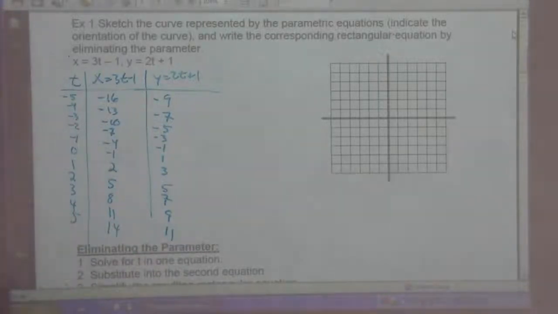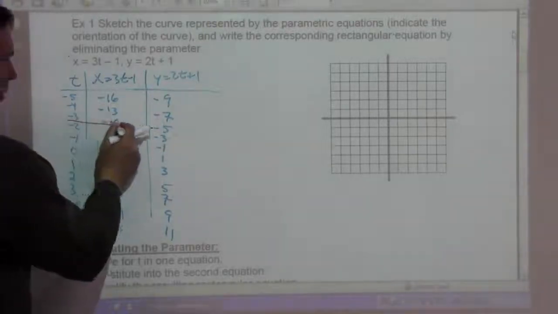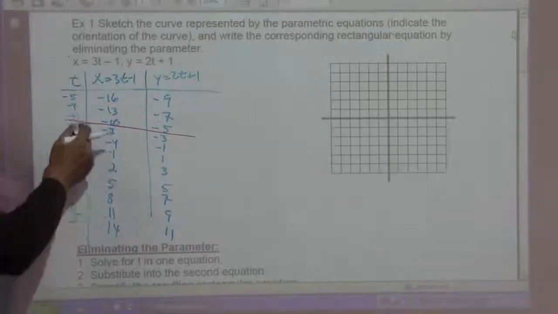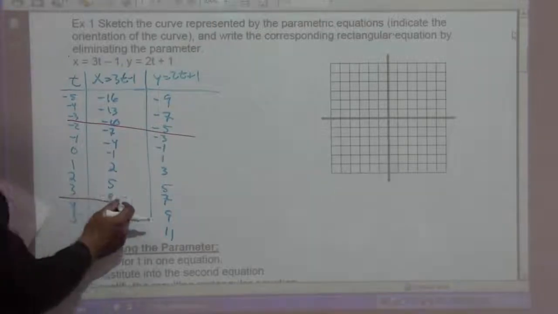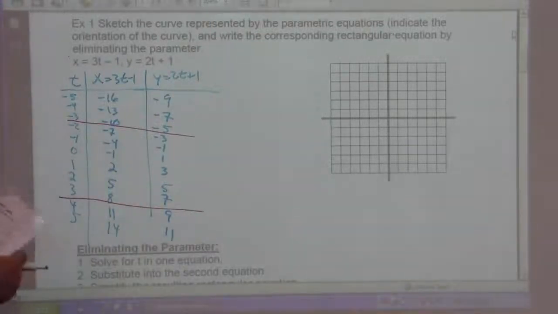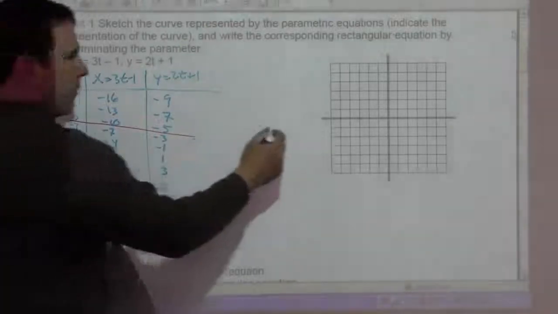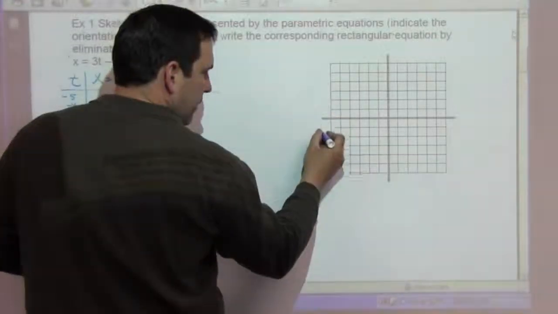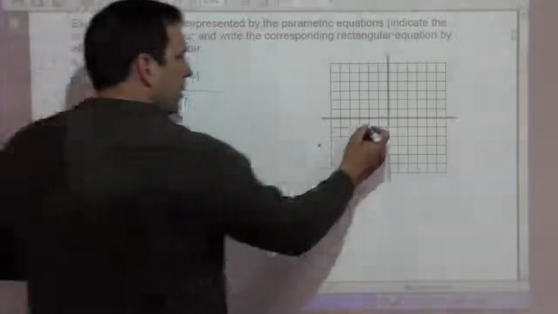Now our graph only goes from negative 6 to 6 in both directions, so let's just plan on graphing between negative 7 up to that. Okay, so let's start with negative 7, negative 3. So now we're not even going to worry about the t values so much. Negative 7, negative 3 would be about there. Then negative 4, negative 1.